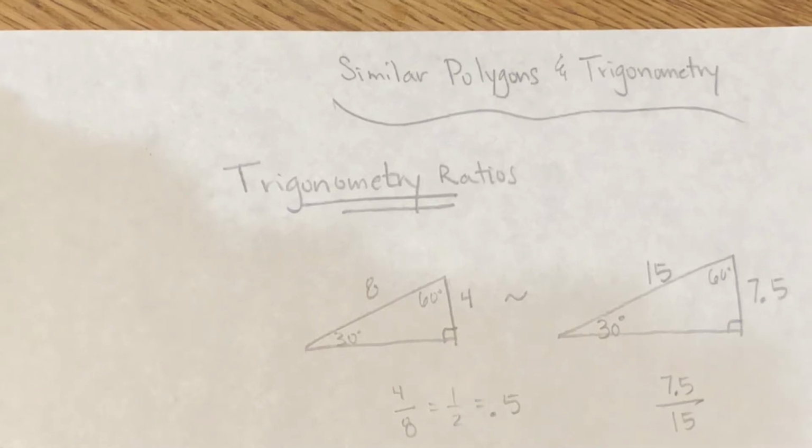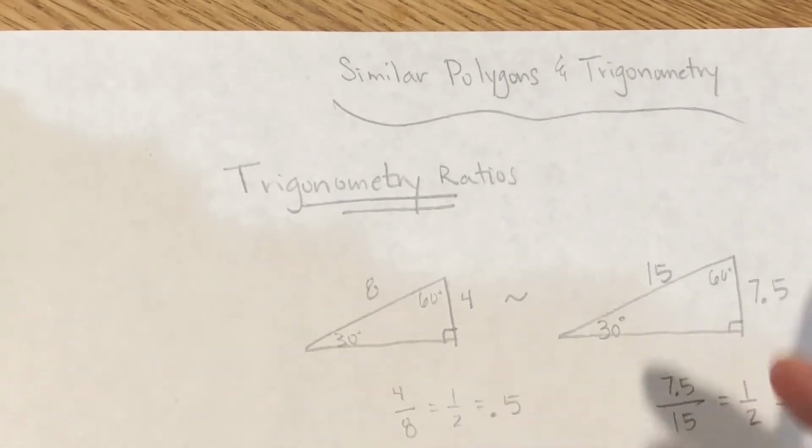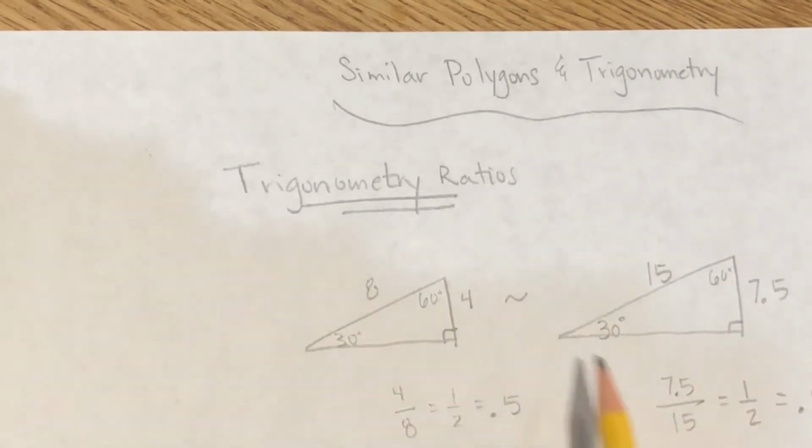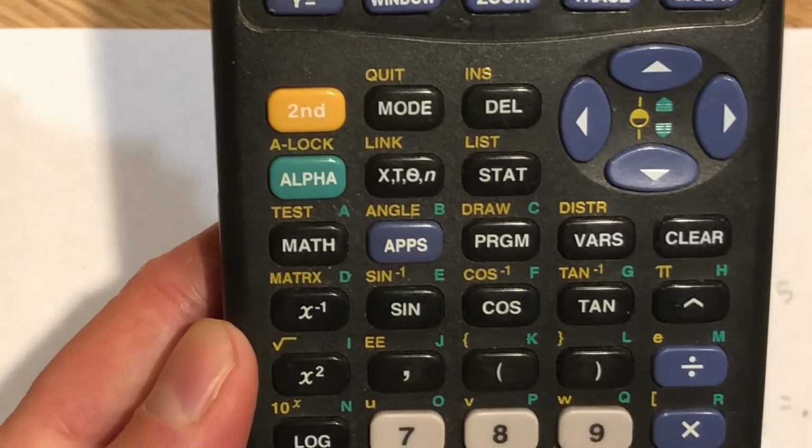And it still reduces to the same 1:2 ratio, or 1/2, or equivalently 0.5. And this would be true for any smaller or bigger similar triangle I made to these 30, 60, 90 triangles. And so now we can get into where we use those sine, cosine, and tangent buttons smack dab in the middle of a calculator.